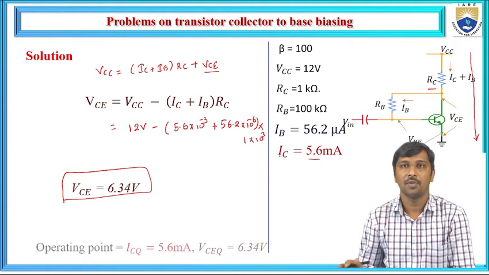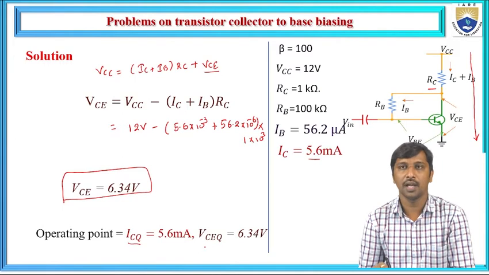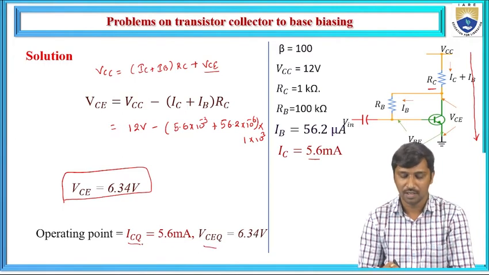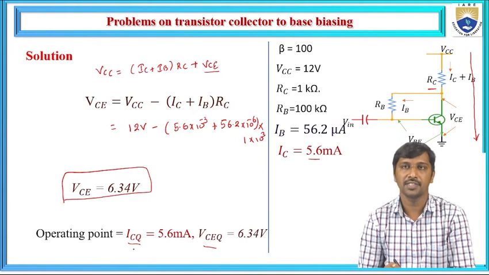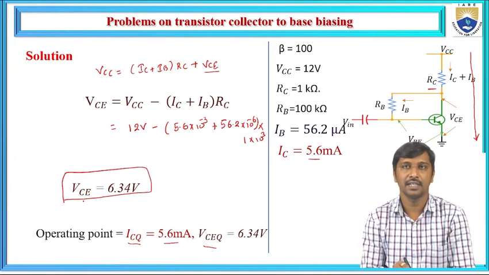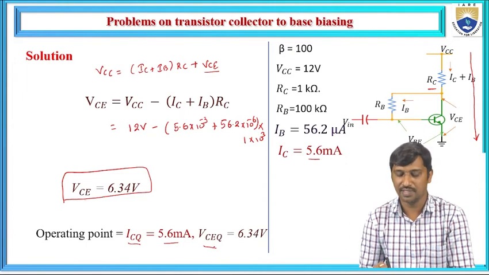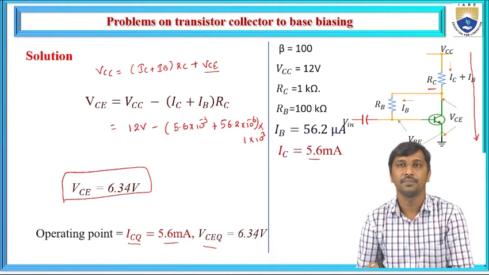Hence, the operating point is represented in terms of ICQ and VCEQ. We got IC as 5.6 milliamperes, so the quiescent collector current is 5.6 milliamperes, and the quiescent voltage at the output side, VCEQ, is equal to 6.3 volts.